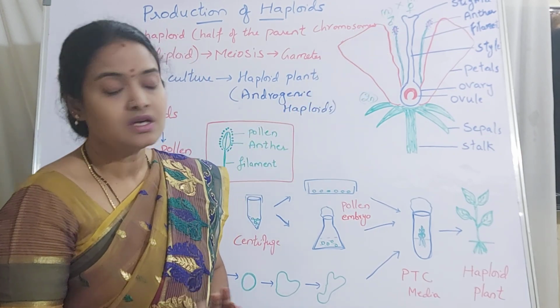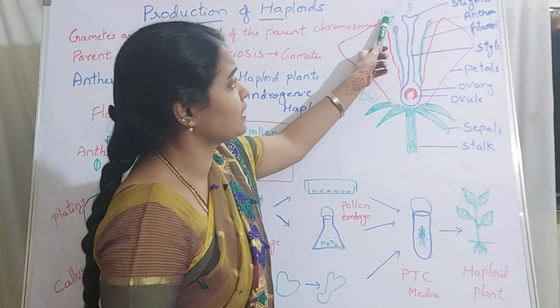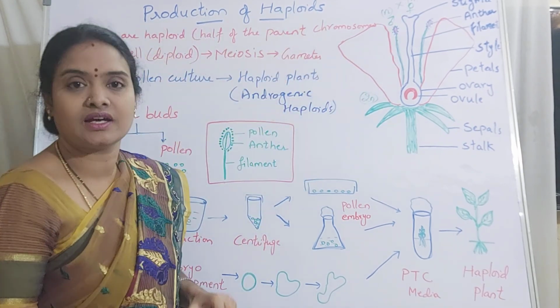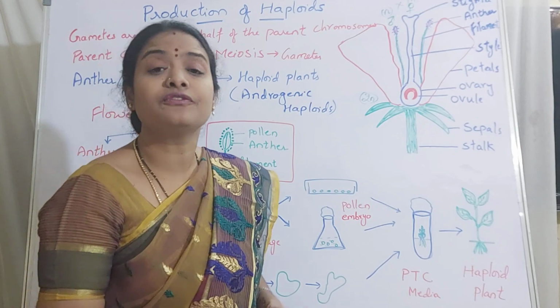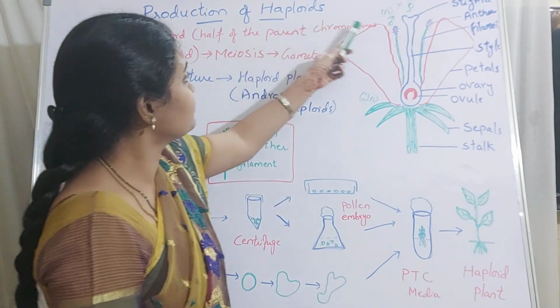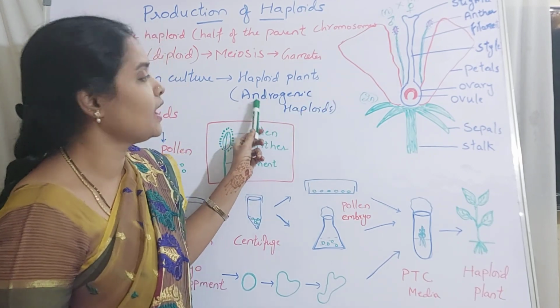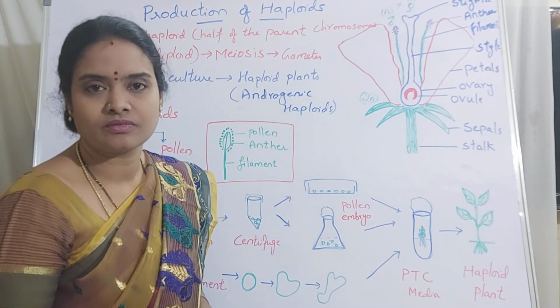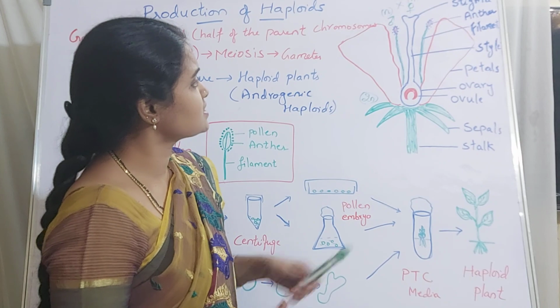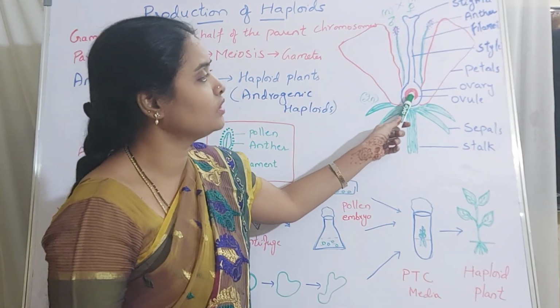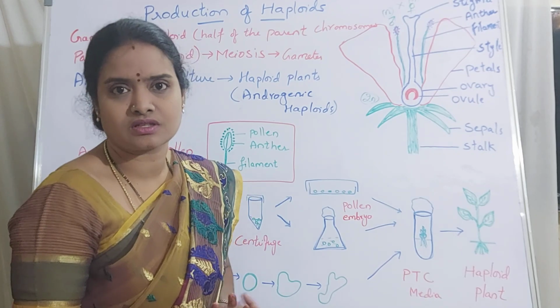If I produce plantlets from this single parent, then I call those plants haploid plants. If I produce them from the male gamete, then I call them androgenic haploids, right? In the next class we will discuss the gynogenic haploids, where we are going to use only unfertilized ovaries.